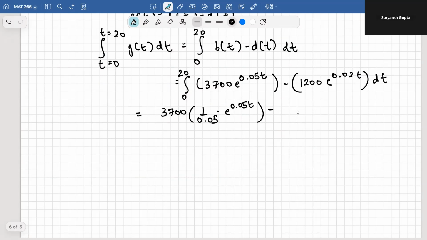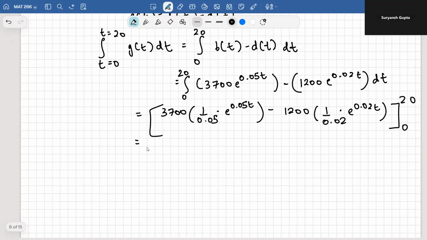And similarly, when I do the same for the death rate, I get 1 by 0.02 times e to the power 0.02t. And of course, I need to account for my bounds, which is going from 0 to 20 for this whole function here. My next step is just plugging in those bounds.